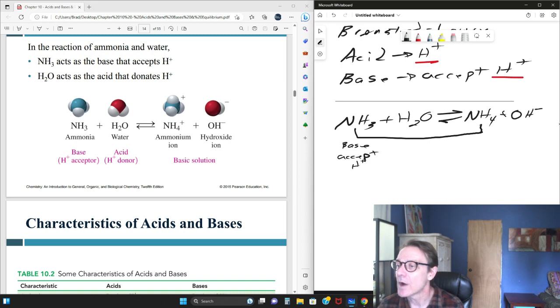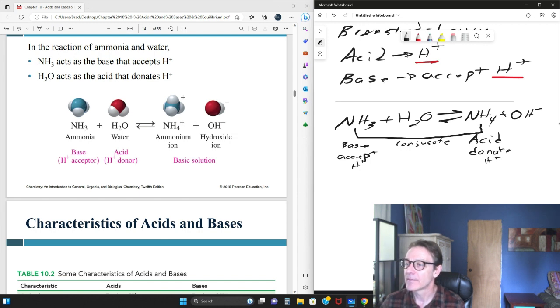Okay, so the conjugate acid, and there's always a conjugate that goes in these, is the acid that would donate that proton.